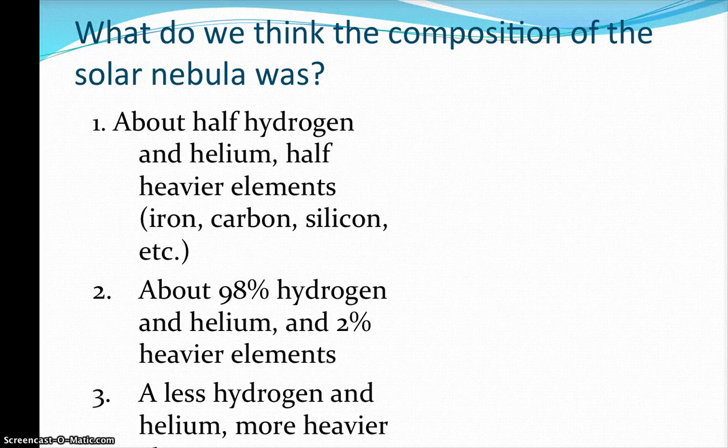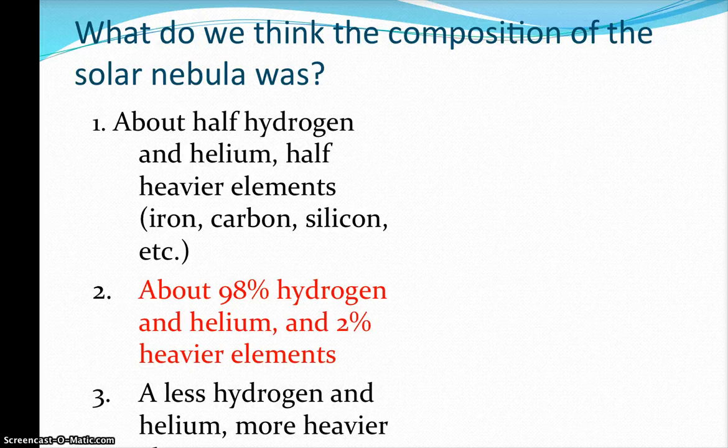So what do we think this was made of? Was it half hydrogen and helium and half heavier stuff, or was it about 98% hydrogen and helium with the other 2% heavier elements, or was it less hydrogen and helium and more heavy stuff? It turns out that we believe the composition of our solar nebula was about 98% hydrogen and helium and 2% heavier elements.